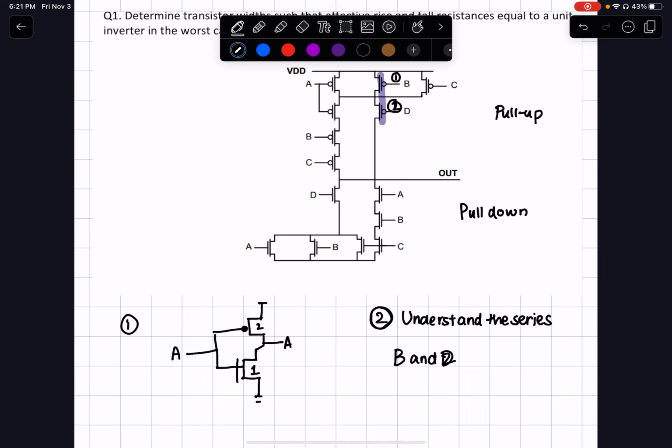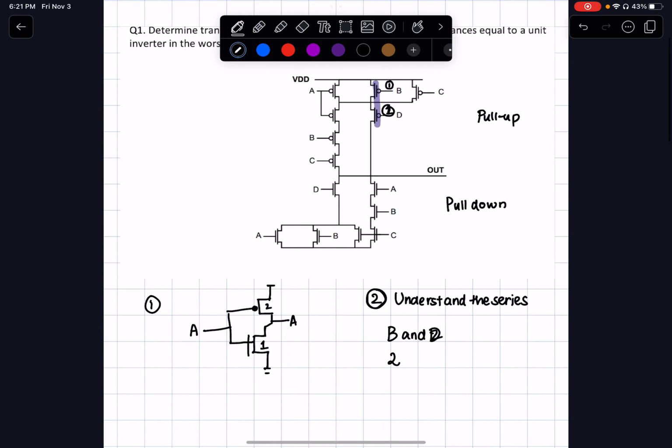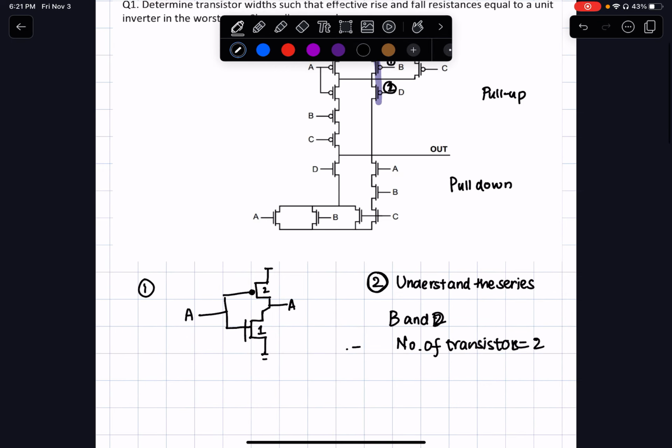Number of transistors, 2, right? Let me erase this, sorry. So there are 2 transistors, B and D.